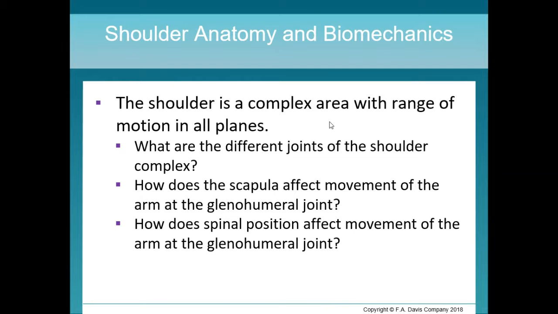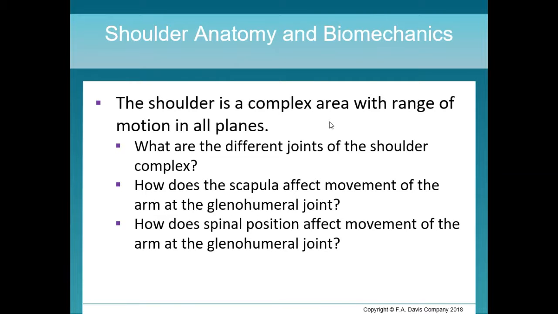So, some shoulder anatomy and biomechanics. The shoulder has three ranges of motion in all planes. It has flexion, extension, abduction and adduction, and rotational movements. So it's in all three planes around all three axes.